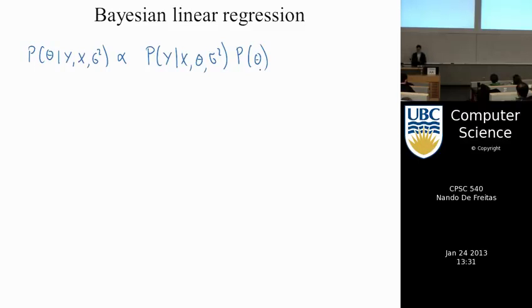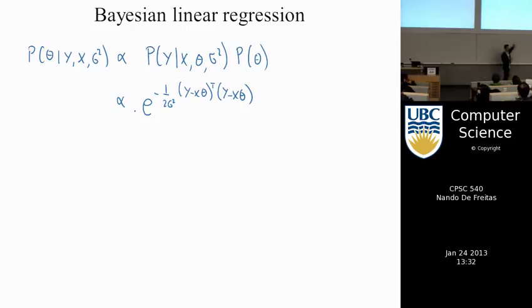And this is proportional to e to the minus 1 over 2 sigma squared (y minus x theta) transpose (y minus x theta). So that's the likelihood that we've had for linear regression. And I just use proportional here to get rid of that 2 pi sigma, because that's just a constant. So this doesn't depend on theta.